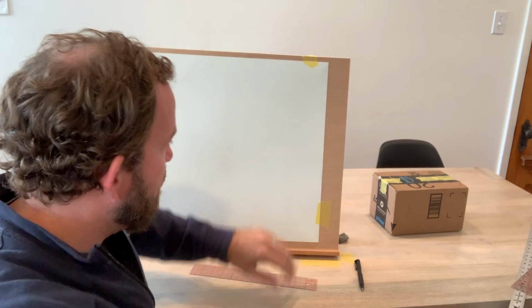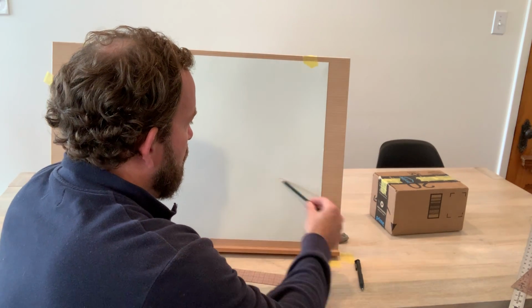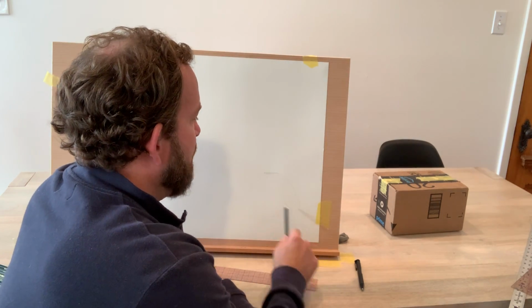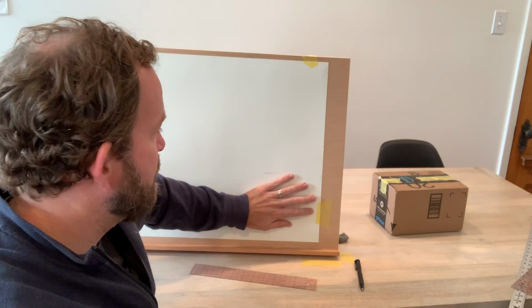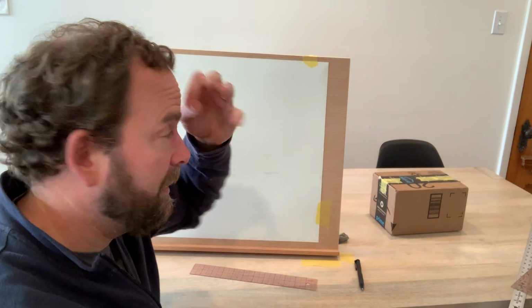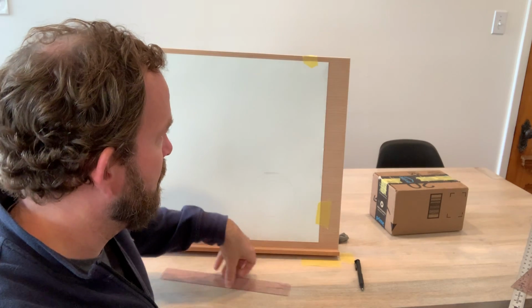Try to make this box about this big at the bottom, about as big as your hand, because you're going to build boxes on top and you need the room to fit them in.